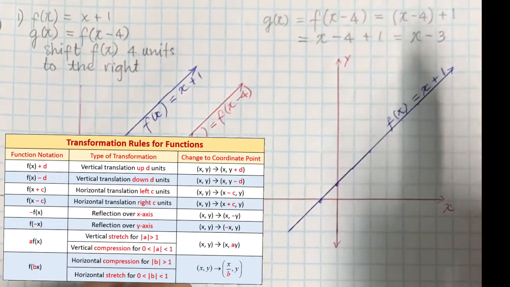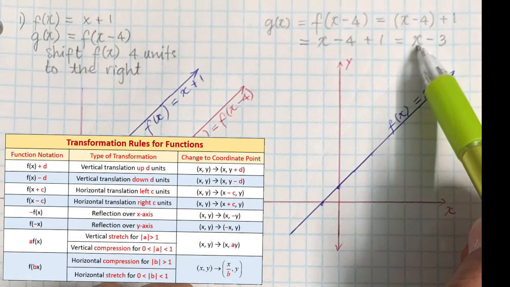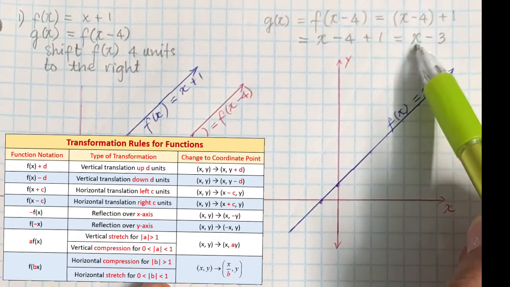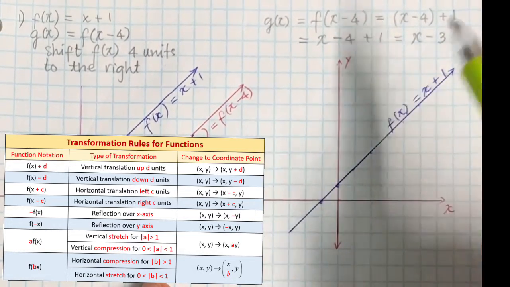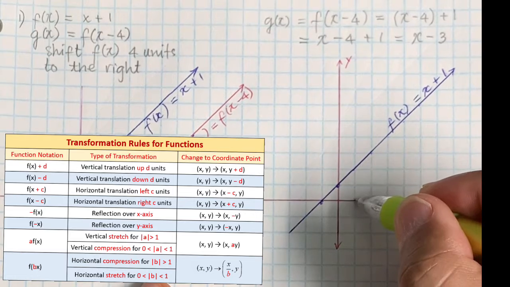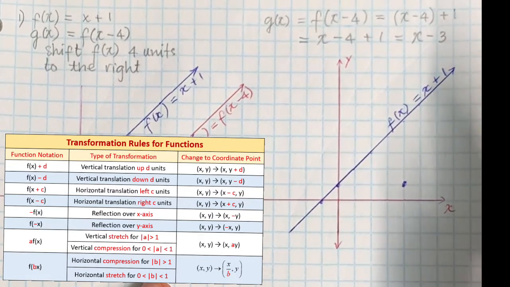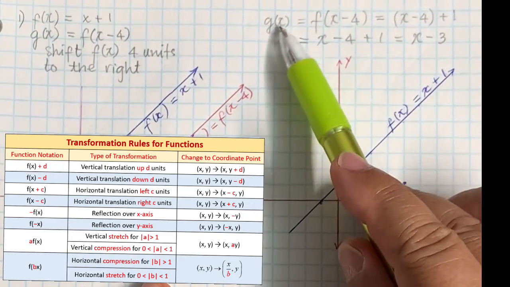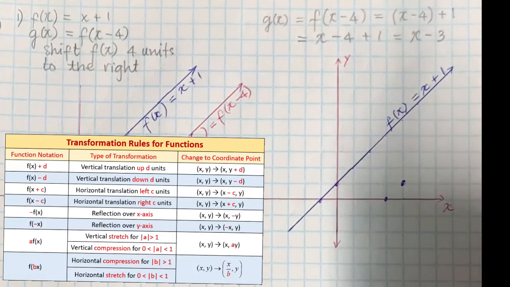So let's say for g of x, x is 4. 4 minus 3 is 1, so therefore g of 4 is 1. So 1, 2, 3, 4, and 1. Now let's say x is 3. Then 3 minus 3 is 0. So g of 3 is 0. See right here? There you have it.